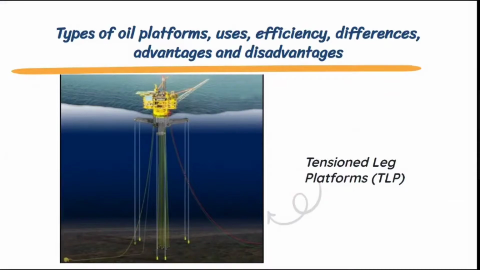It presents a mixed behavior, being compliant with the horizontal degrees of freedom, and in turn rigid with the vertical degrees of freedom, since the vertical balance of the platform is achieved by keeping the tendons tensioned by the excess buoyancy of the hull.